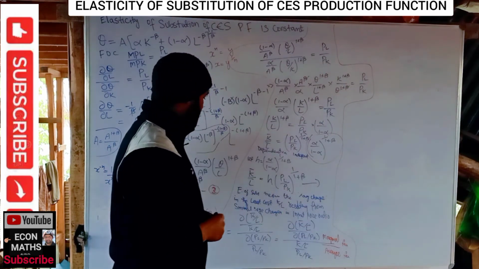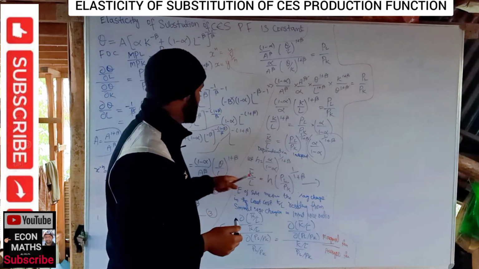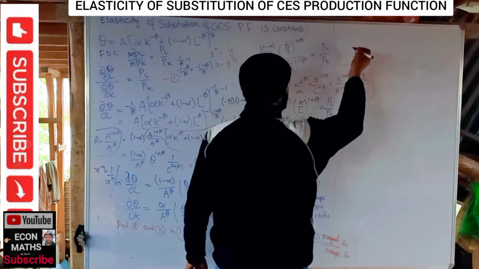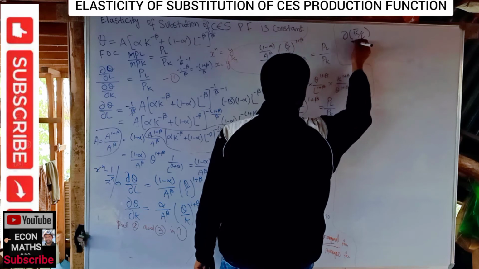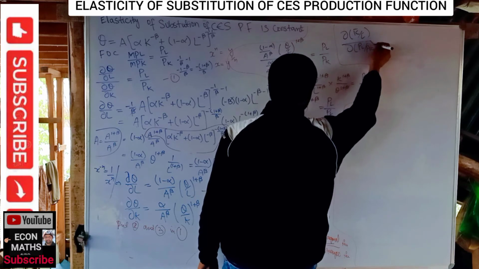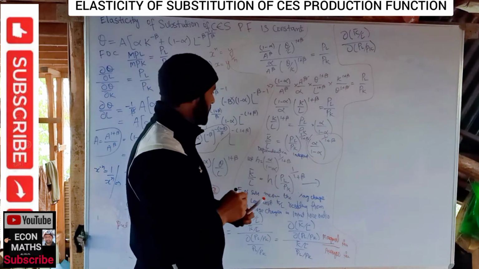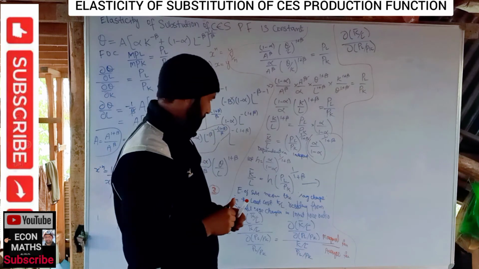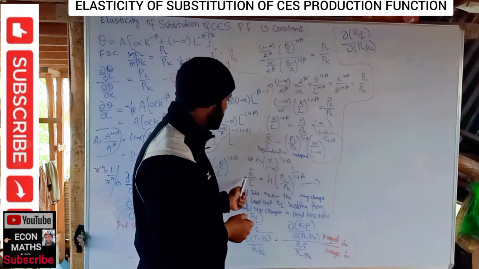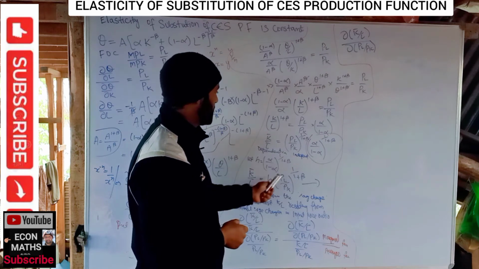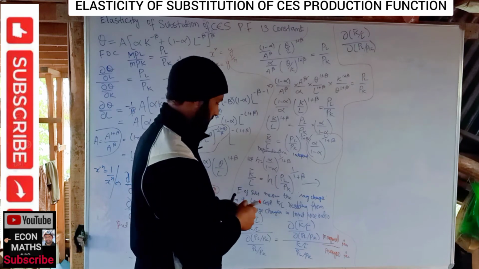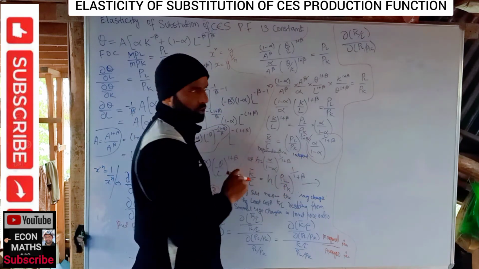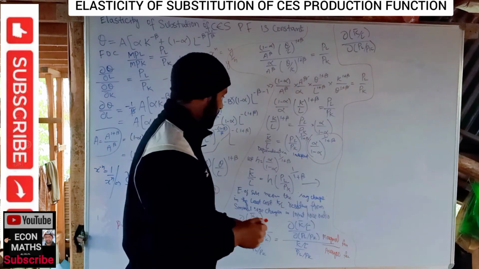Coming to the next step, we have to differentiate this function. That means I will write here del (K by L) divided by del (PL by PK). Now differentiating this function with respect to PL by PK. In place of h we have this expression, so it will be very easy to differentiate here. The simple rule is that the exponent becomes the coefficient and the exponent is subtracted by 1.